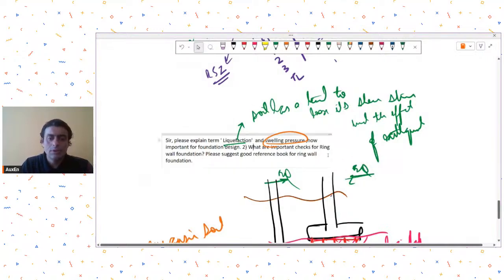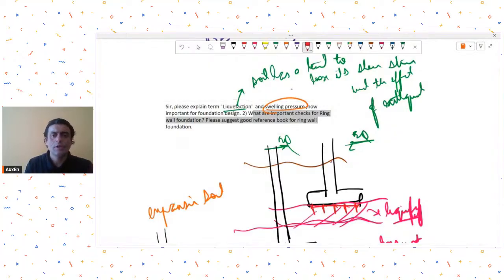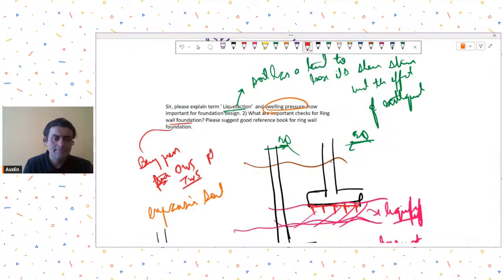Then his next question is, what are the important checks for ring wall foundation? Please suggest good references for ring wall foundations. So for ring wall, the important checks are the same. That is the bearing pressure check, flexure, or even before flexure, the one-way shear, two-way shear, and flexure. These are the normal checks.